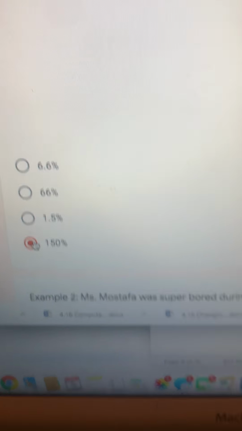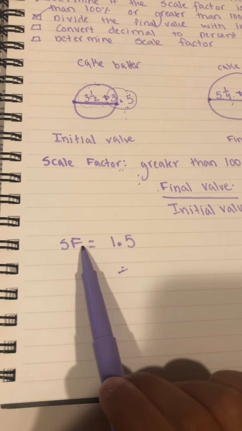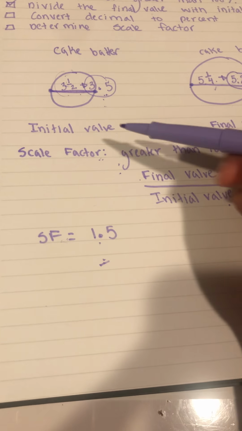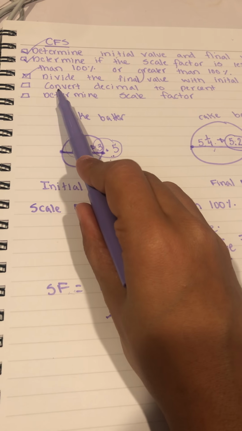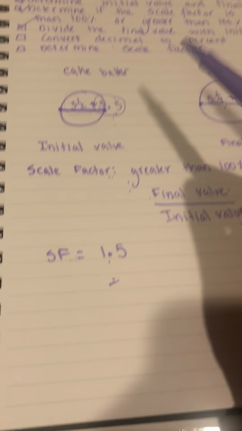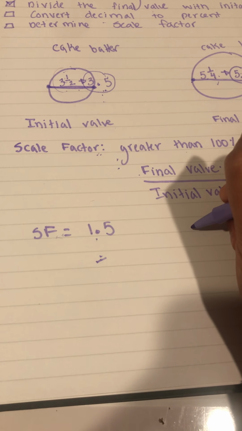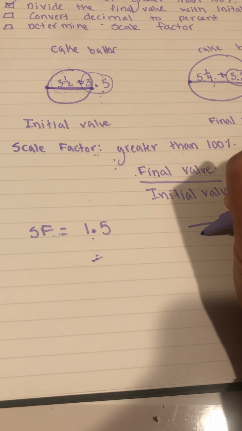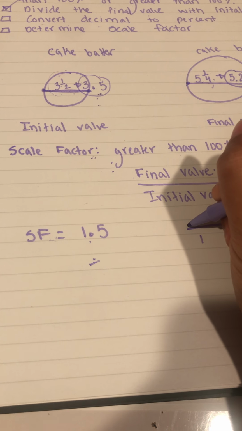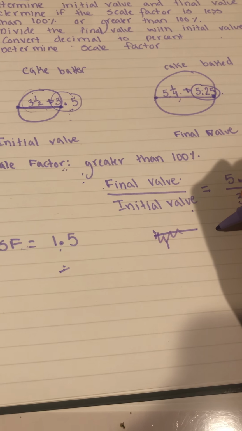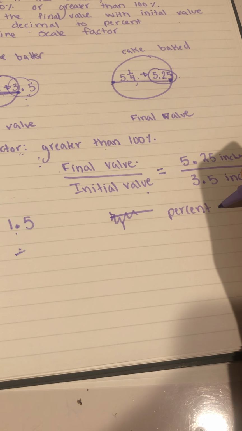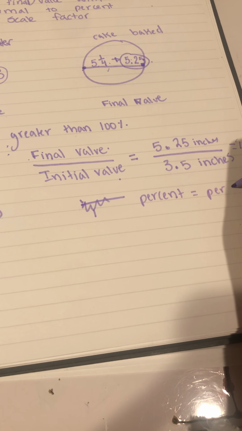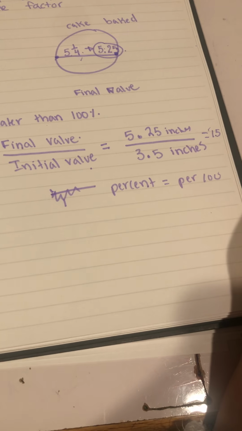But I need you to pay very close attention because I know a lot of you will make this mistake. If my scale factor is 1.5 and it's asking me to convert this into a percent, this is our second step, convert decimal to a percent. Remember that percent means per 100. That's what percent means.